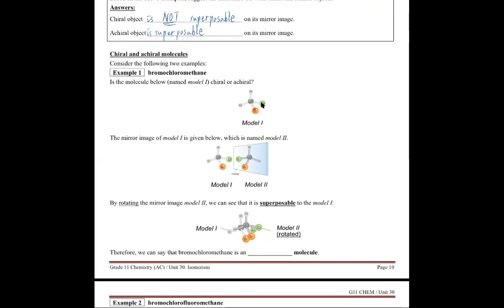But remember stereoisomerism: we talk about atoms arranged in different positions in a 3D way. So I have made a video that shows you the model of this one, to make it easier for you to understand. Let's make use of that video.